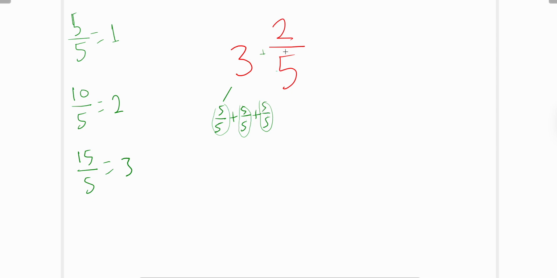Plus the additional 2/5 over here. So you have 15/5 plus the additional 2/5. That's going to be the same as 17/5. Okay, so again, using the shortcut that we just learned, the way that we do that is we go like this.